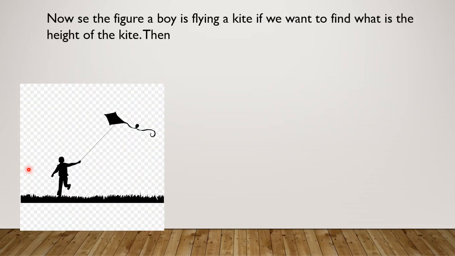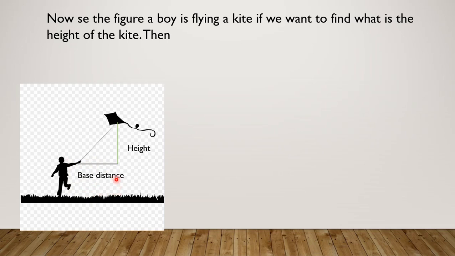Let's observe this figure. A boy is flying a kite. If we want to find the height of the kite from the ground, the boy is standing and the string of the kite is in his hand, so we know the height of the boy. This line which is drawn is the base distance, parallel to the ground.